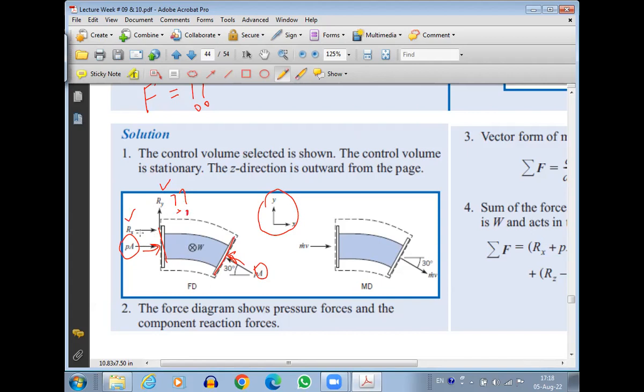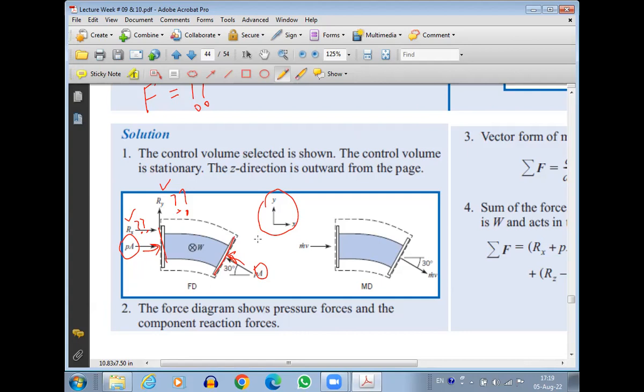But we also need to tell you that there is also the weight of this pipe bend with the crude oil inside it. The weight will neither be acting on the X plane nor on the Y plane. It will be acting on the Z plane because XY is the horizontal plane, but weight is not going to act on a horizontal plane.